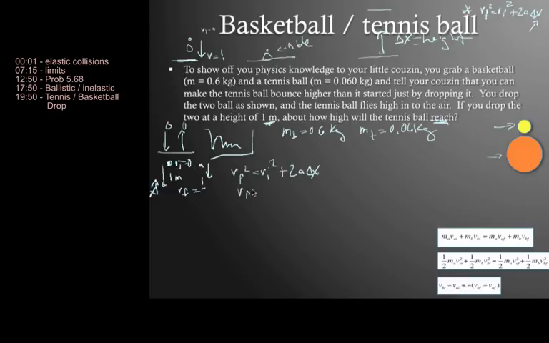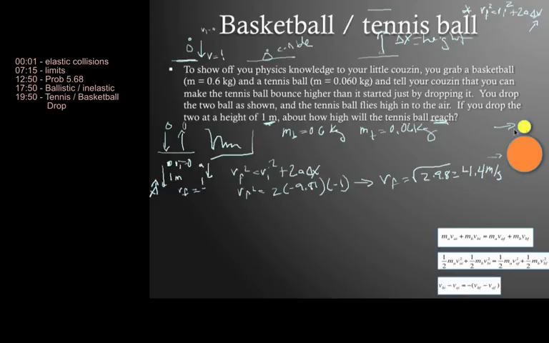So v_final squared is going to be equal to 2 times minus 9.81 times delta x, which is x final, 0, minus 1, so that's a minus 1. Then v_final is going to be the square root of 2 times 9.8, and that's going to give us 4.4 meters per second.